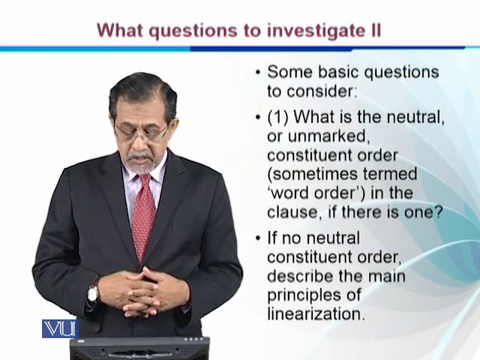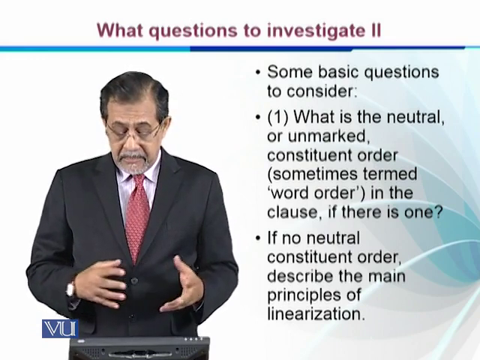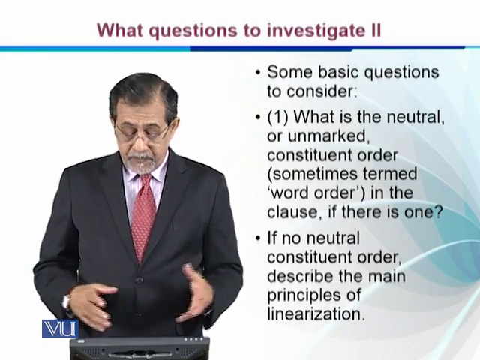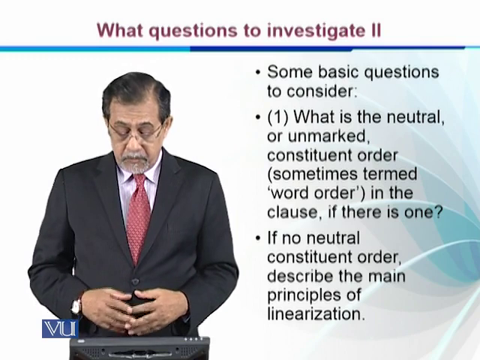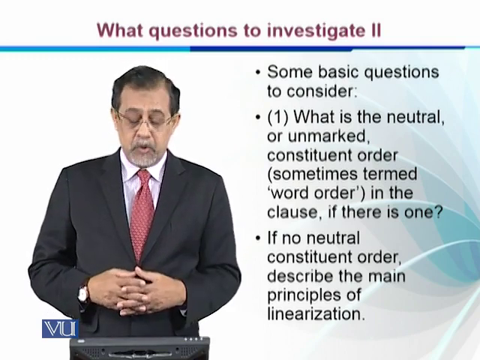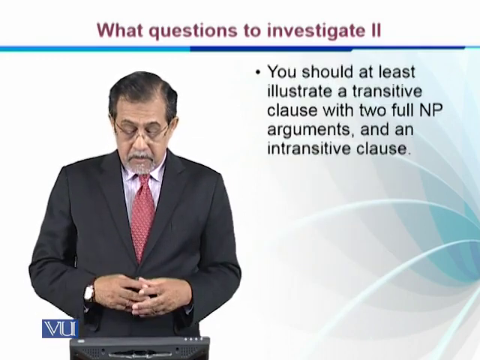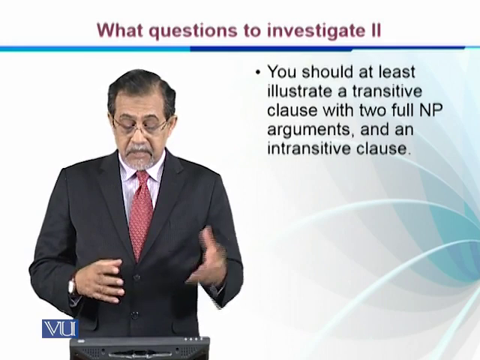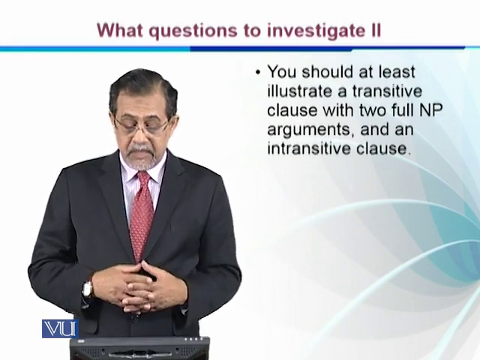If no neutral constituent order, describe the main principles of linearization. If the language has no neutral constituent order that is linear, you should at least illustrate a transitive clause with two full NP arguments and an intransitive clause.